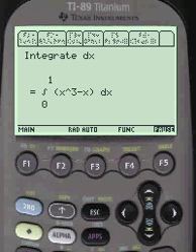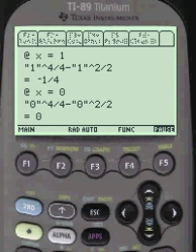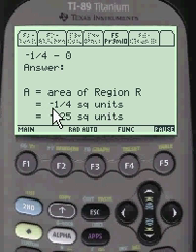And then we integrate dx, which is x cubed minus x, with respect to x, over the range of 1, 0. And we do that, and so the answer is minus 1/4 square units.